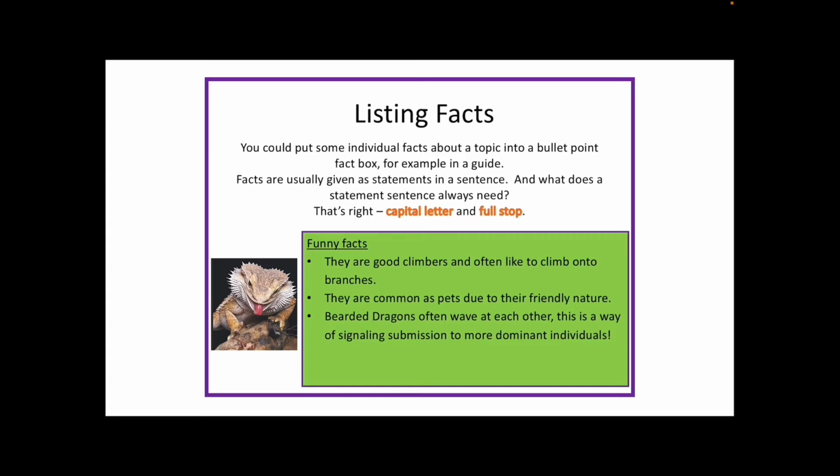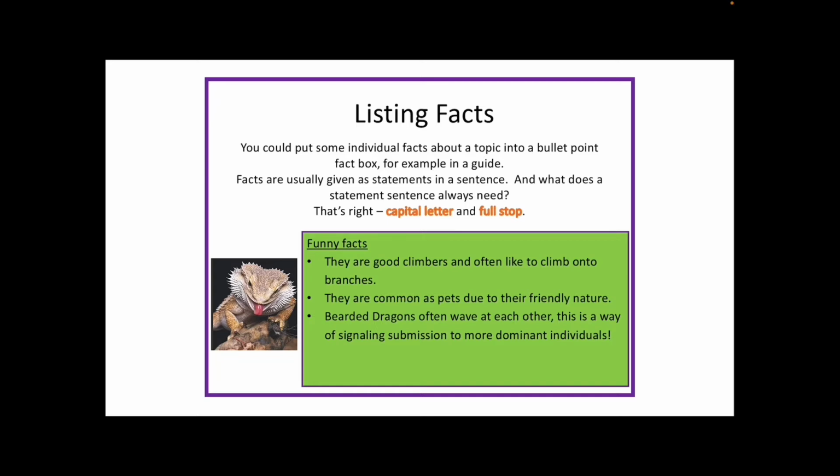They're usually given as statements. So for your guide, for this particular use of bullet points, you are going to have statements. Of course they are going to need a capital letter at the start and a full stop or some punctuation at the end. That is imperative, really important for you to use. You can see that I've got these 3 funny facts about the bearded dragon.